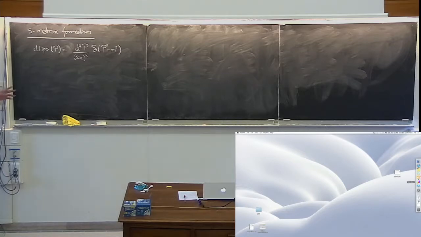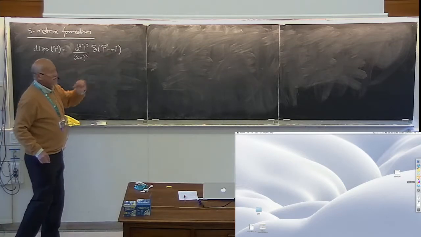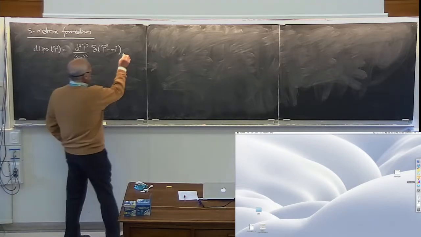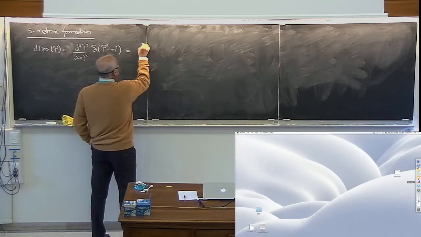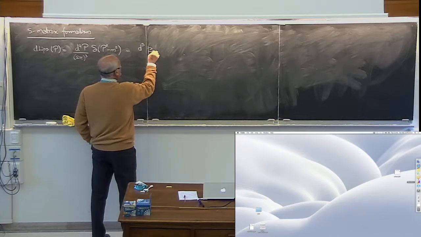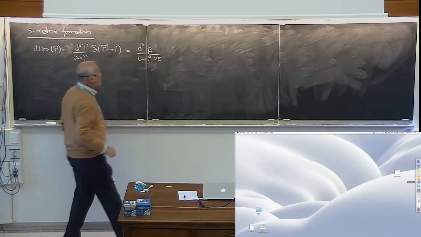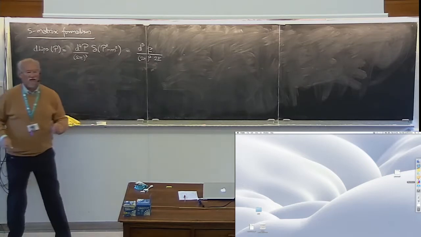And then, because this delta function enables you to do one of the integrals, namely the time component, you can equally well write this as d3p divided by 2 pi cubed, and it brings down a factor of 2 times the energy. So these are equivalent to each other under an integral.